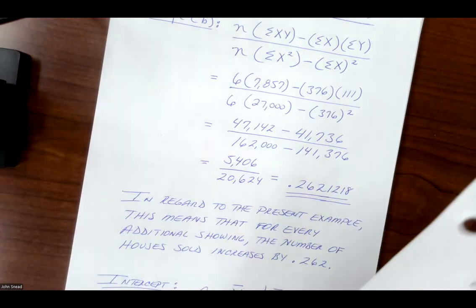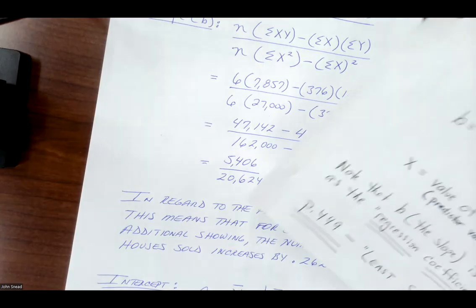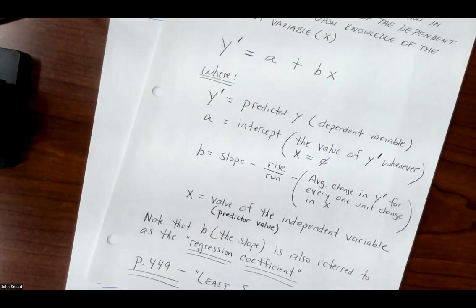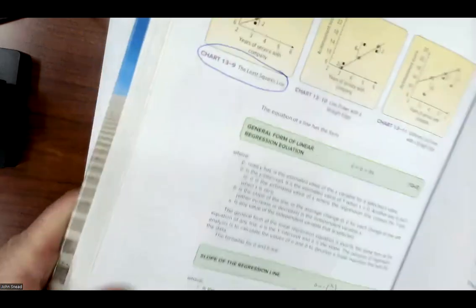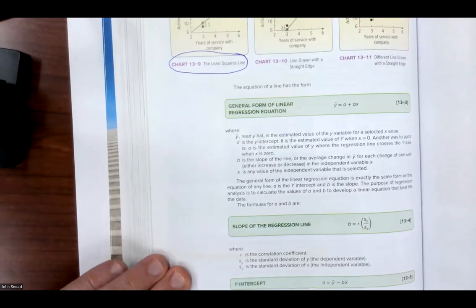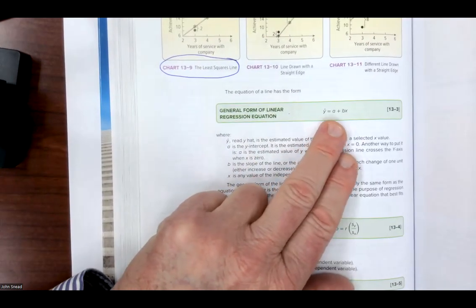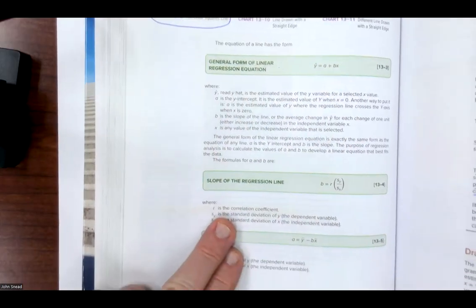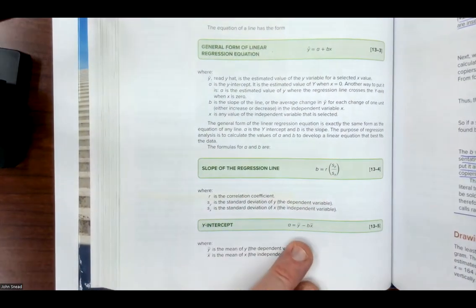So there are some equations in the textbook for the slope and for the intercept, and those are over here on page 450. You'll see here the general equation, predicted y equals a plus bx. This is our regression equation. Down here, you get the slope and the intercept.